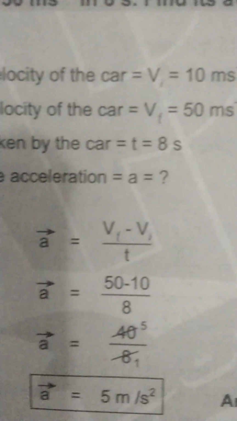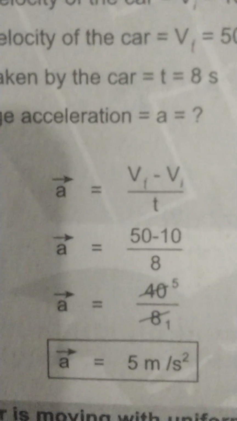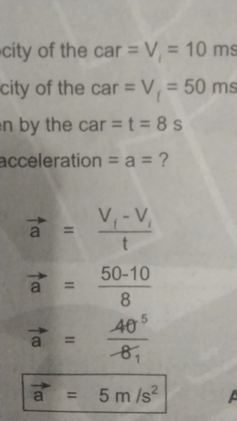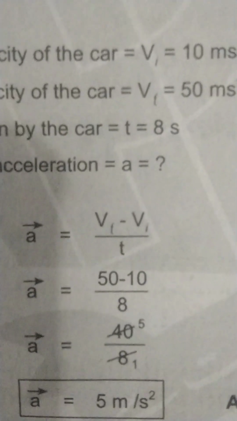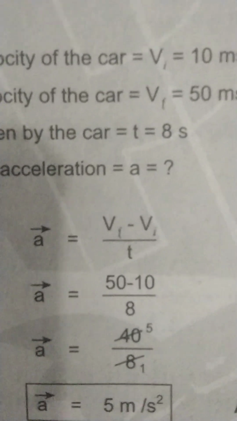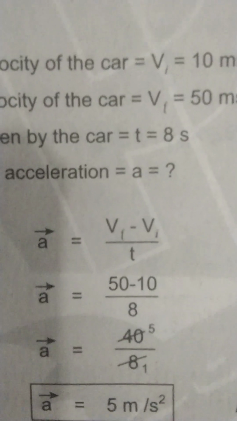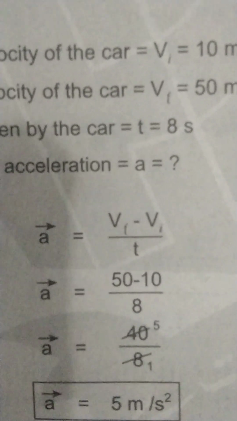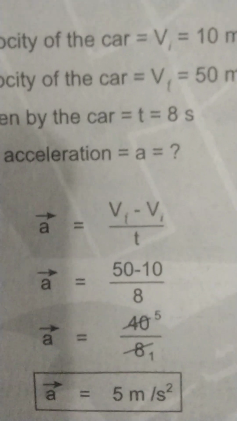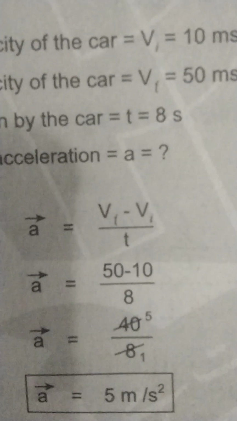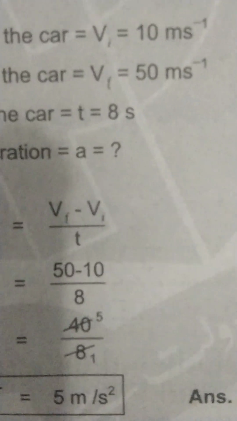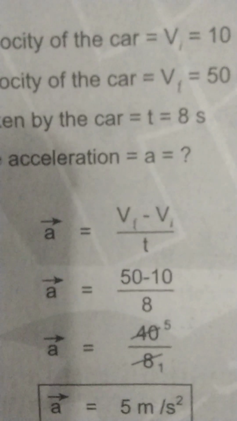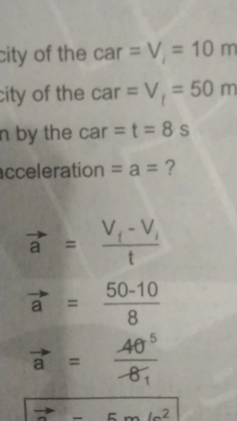Easy, you know the formula very well: a is equal to vf minus vi upon t. Vf is 50, the final one, minus 10, upon 8. 8 is the seconds. 50 minus 10 is 40. 40 divided by 8, you can say that a is equal to 5 meter per second square. That's the answer.